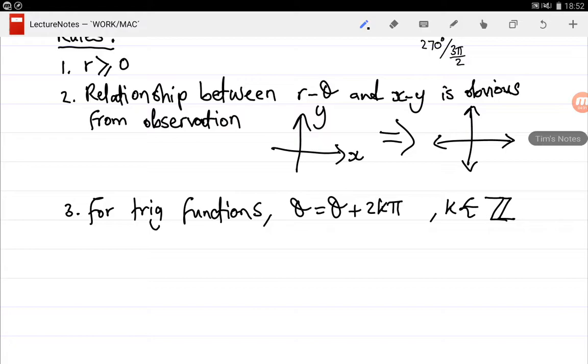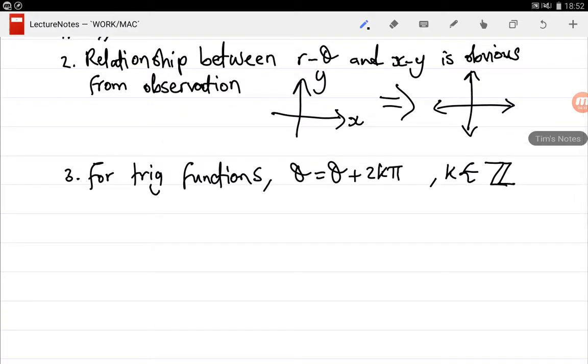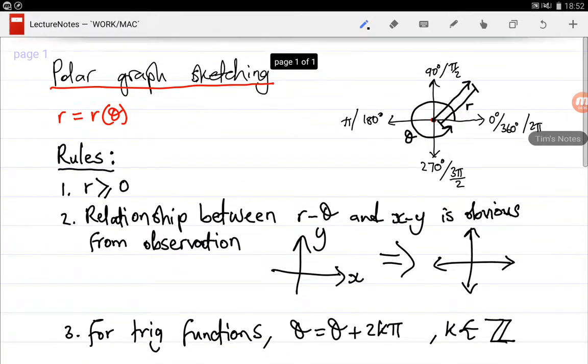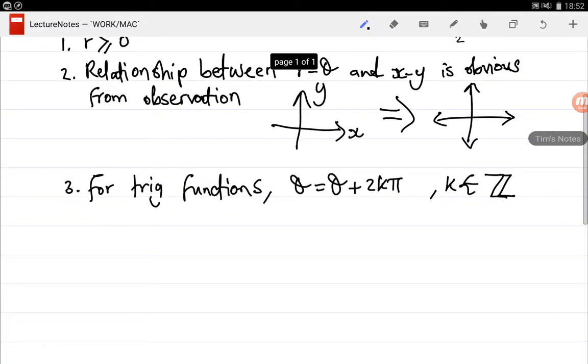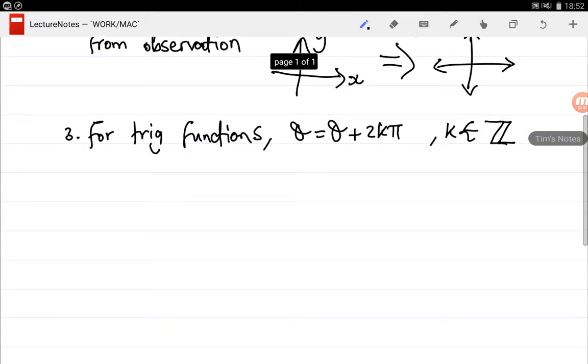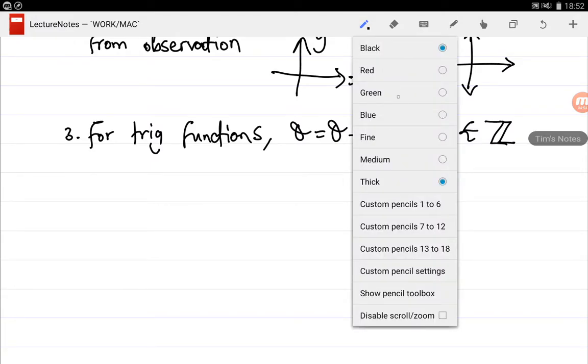So that's going to play another important role. You notice for cos theta, or sine theta, after 2 pi, which is the period for cos and sine, we get a repetition. It also applies for tan, although tan tends to be a bit more funny. That's going to play a very important role later on.